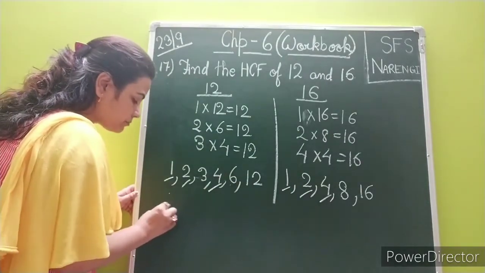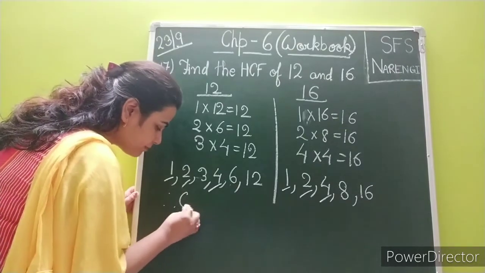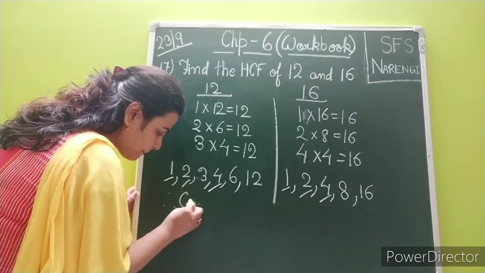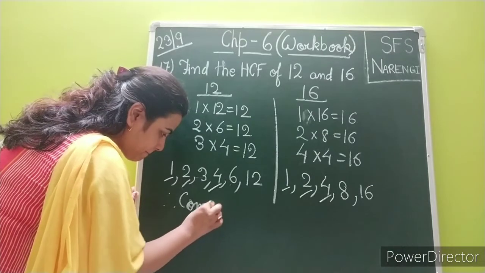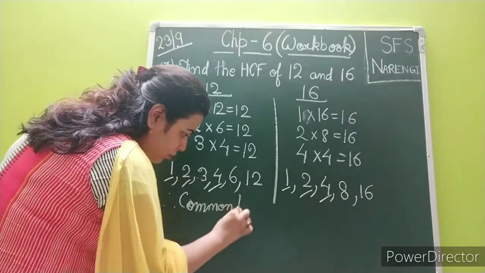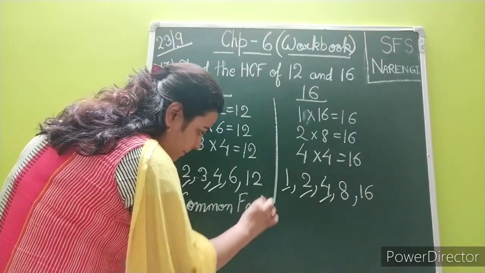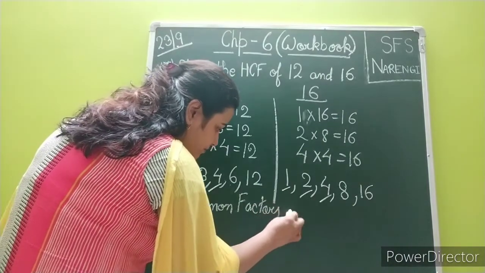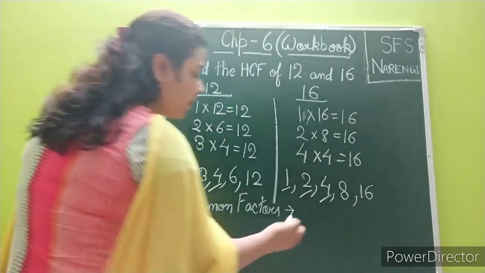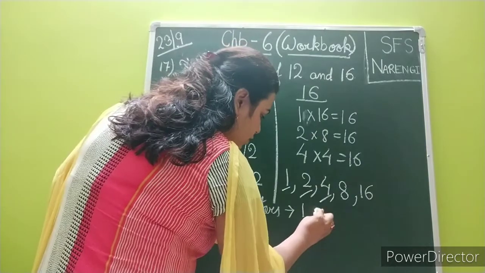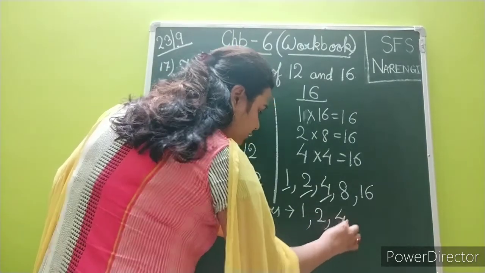So, therefore, the common factors, what are the common factors, children? 1, 2 and 4.